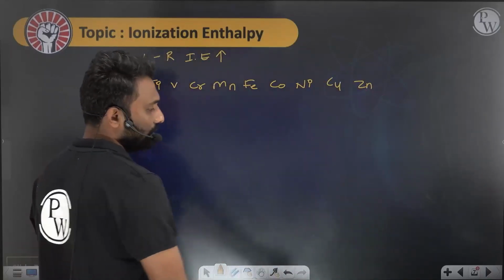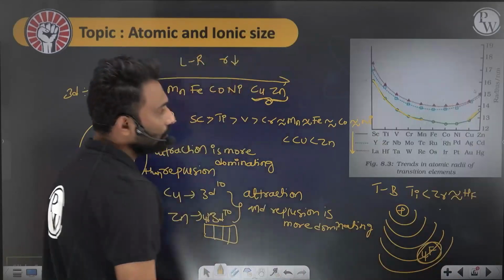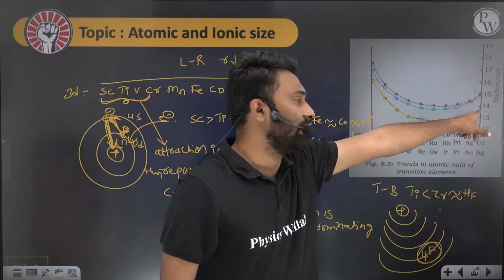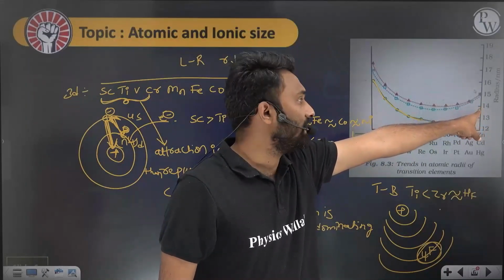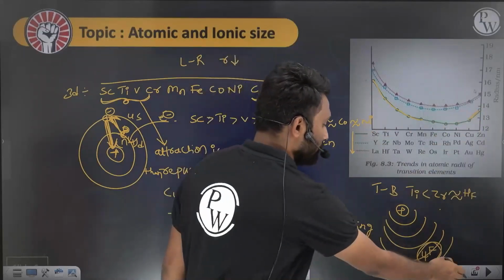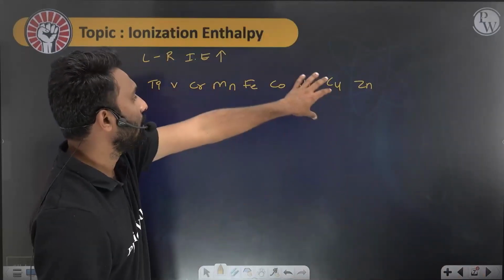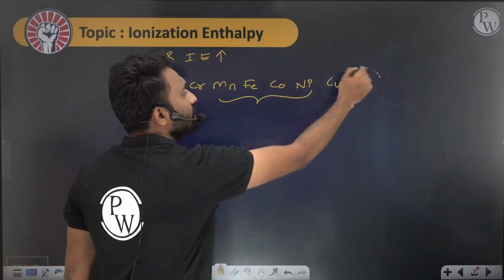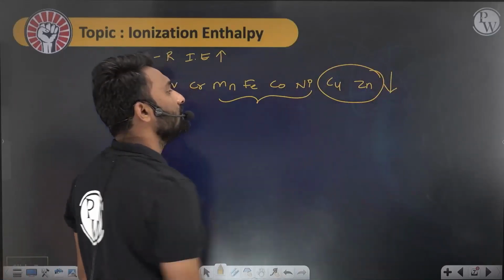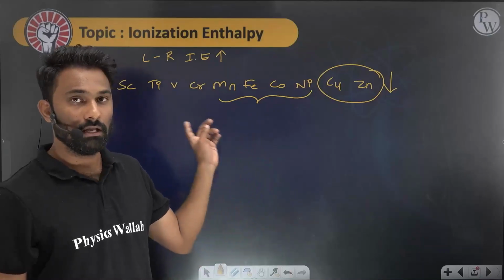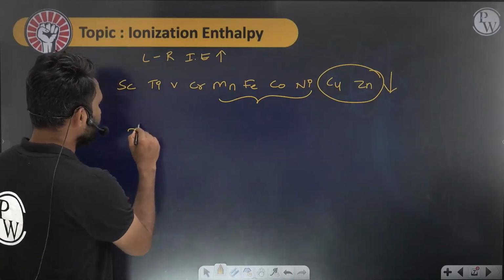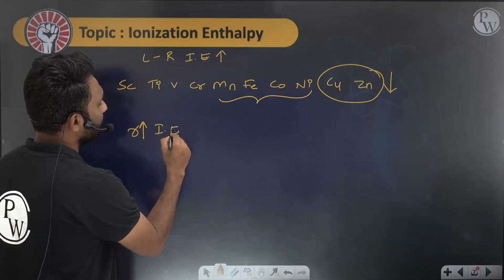Sir, you said that here zinc has the higher radius. Zinc is having the higher radius, so compared to manganese, iron, cobalt and nickel, zinc and copper should have the less ionization energy. You may have this doubt.